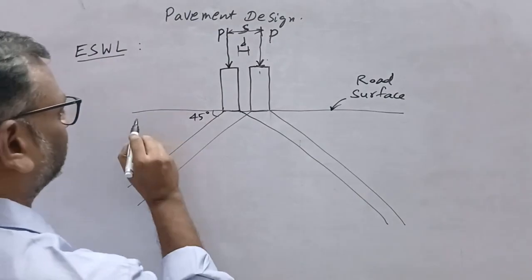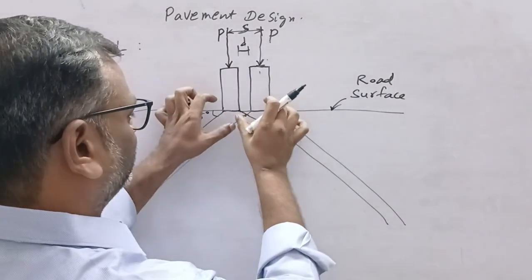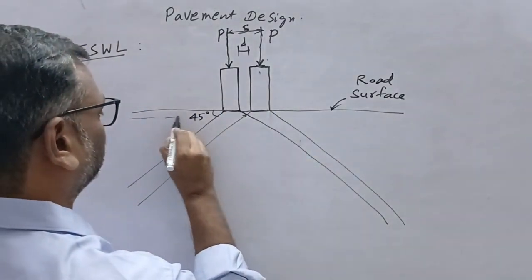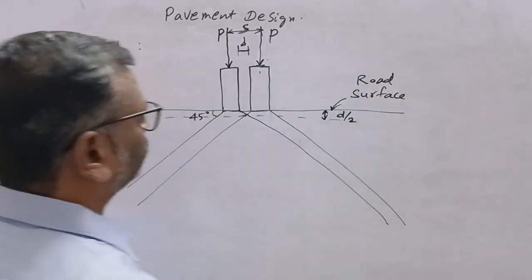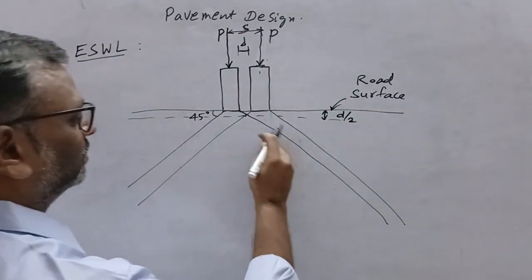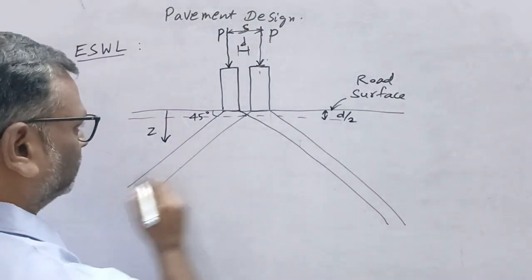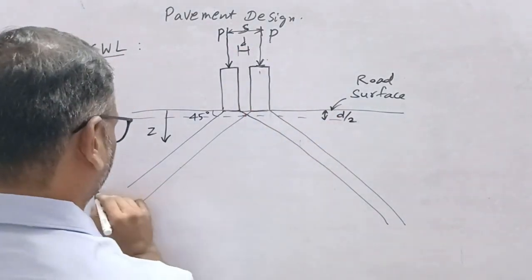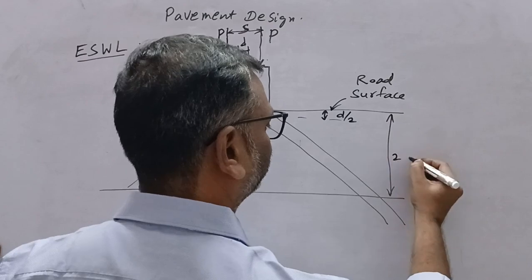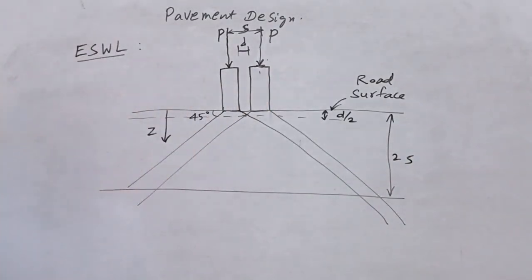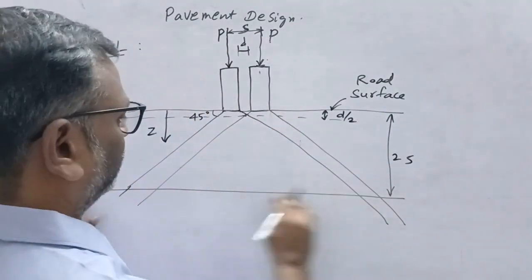Now it is said that at some point the two stress distributions will overlap, and this distance is taken as d by 2. And as the depth reaches 2 times the center to center spacing, almost 100% of the distributions will be overlapped.